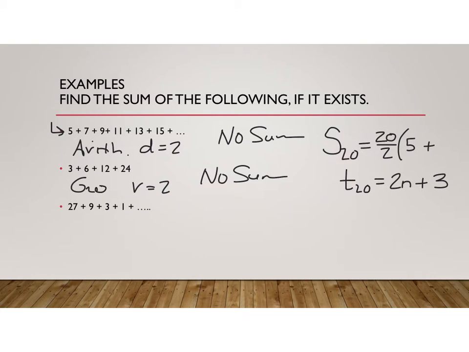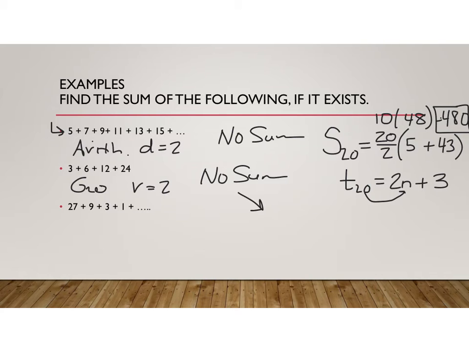Putting 20 in there, we get 43. So it'd be 10 times 48, which would be 480. But if it kept going infinitely, obviously you would not be able to find the sum.